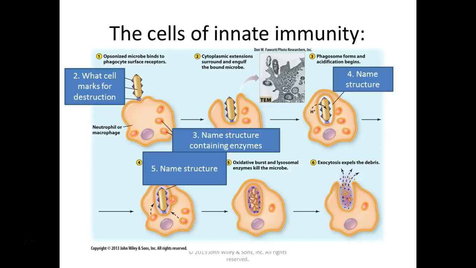What does our body actually make that will mark them for destruction, that will actually bind to the cells? We make antibodies. That's one thing. What's something non-specific that's a product of your innate immune system? They're called opsonins. Give me an example of a specific opsonin. A complement protein, C3b.